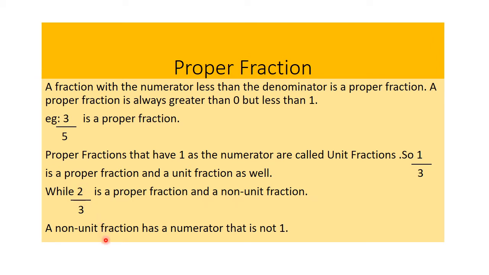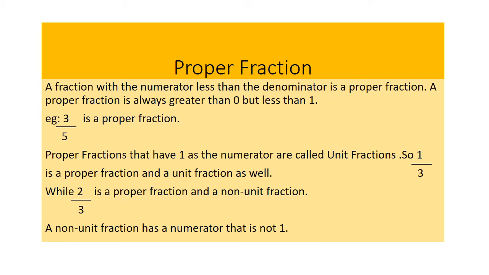So till here it is clear that the unit fraction is also a proper fraction, and apart from the unit fractions, all the other proper fractions are called non-unit fractions. A non-unit fraction has a numerator that is not 1. I hope the concept of proper fraction is absolutely clear to everyone.